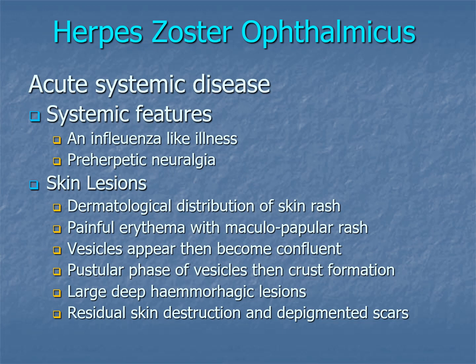Ultimately, they become confluent, forming the pustular phase of vesicles. Then crust formation is there. There may be large, deep hemorrhagic lesions. So the healing may occur with residual skin destruction and depigmented scars ultimately.